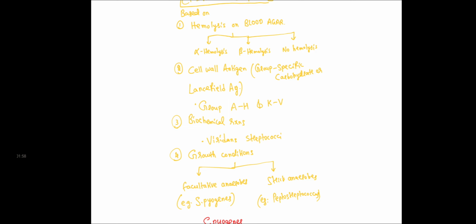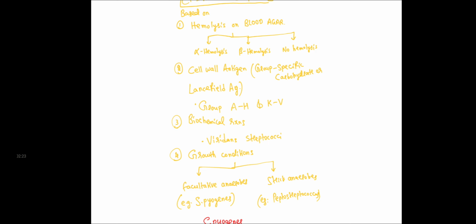Now, classification of streptococci is based on, one, hemolysis on blood agar: alpha hemolytic, beta hemolytic, and non-hemolytic. Two, the cell wall antigen, that is the Lancefield antigen, a group-specific carbohydrate, with groups A to H and K to O. Three, biochemical reactions.